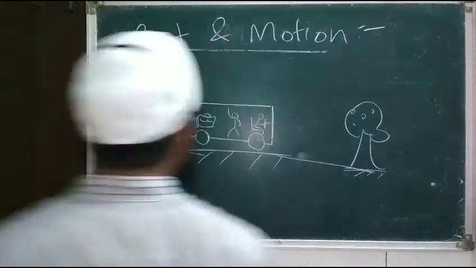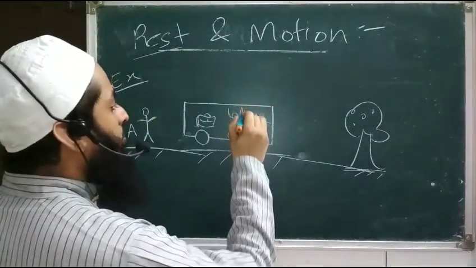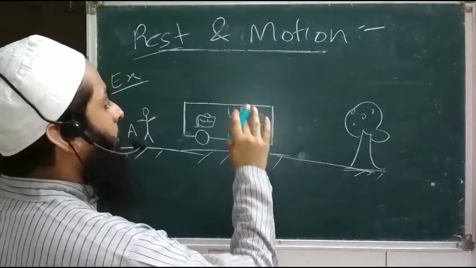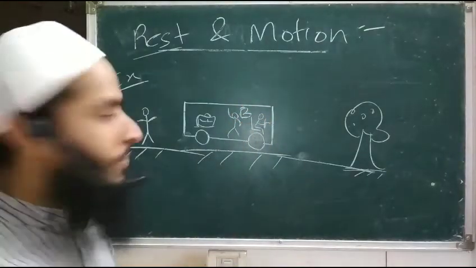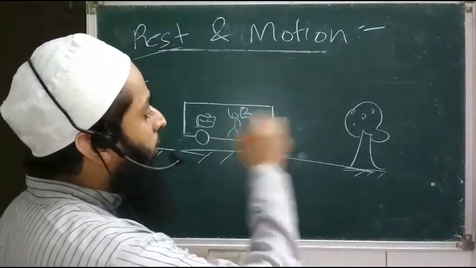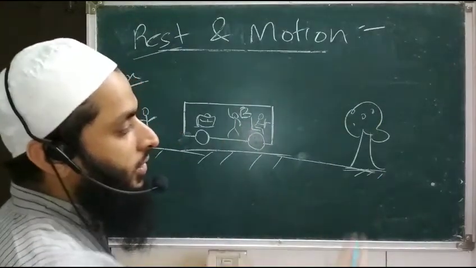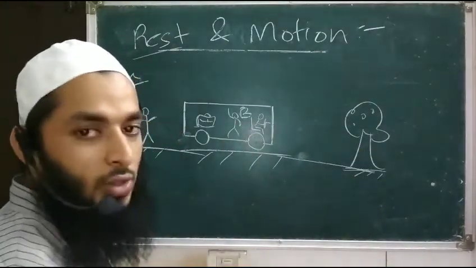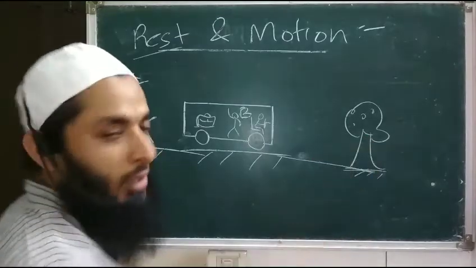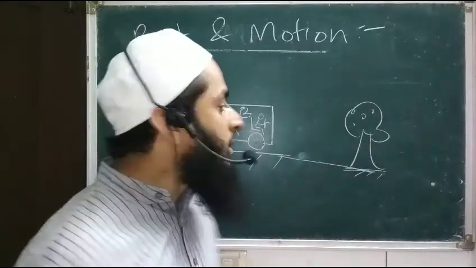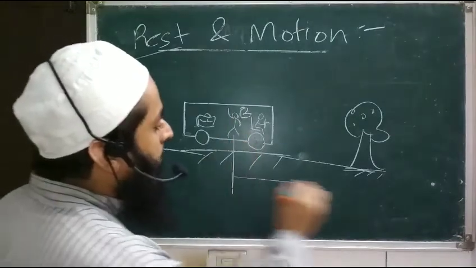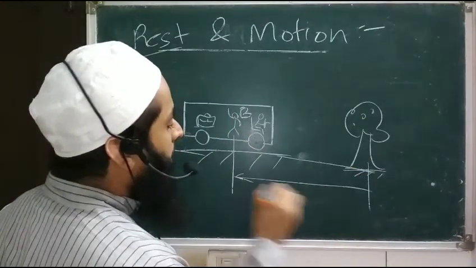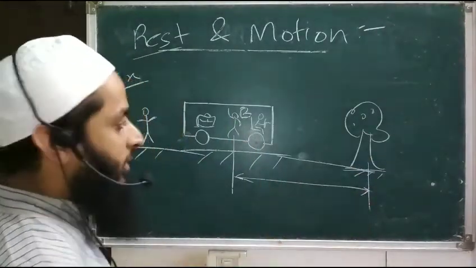But if you ask the same question to this person B who is traveling in the bus, what is the state of motion of the tree, he would say the tree is moving backwards because the distance between the tree and the person will keep on decreasing.